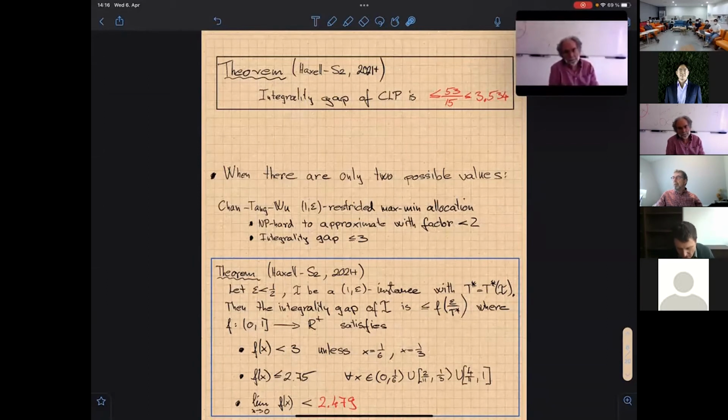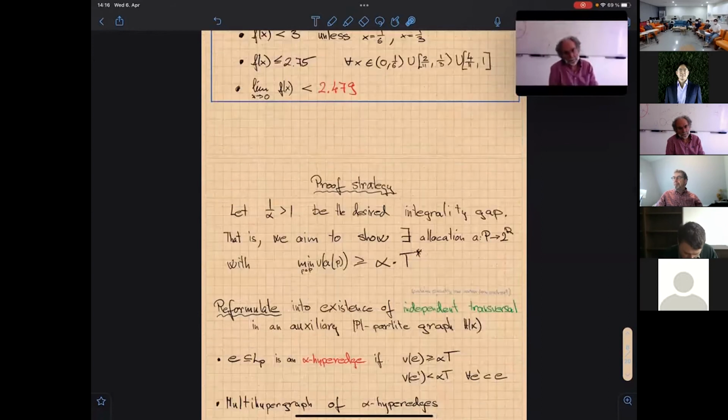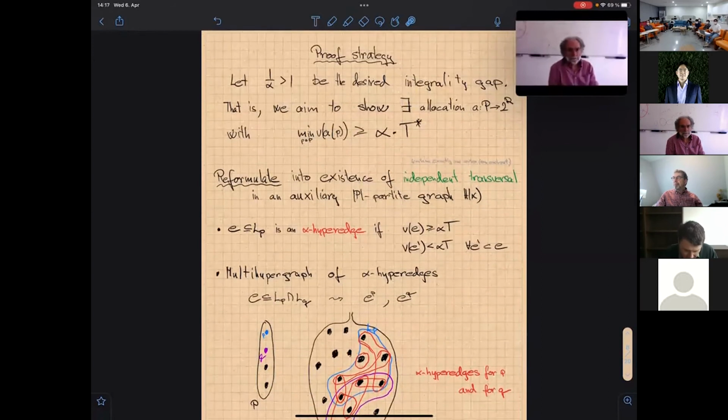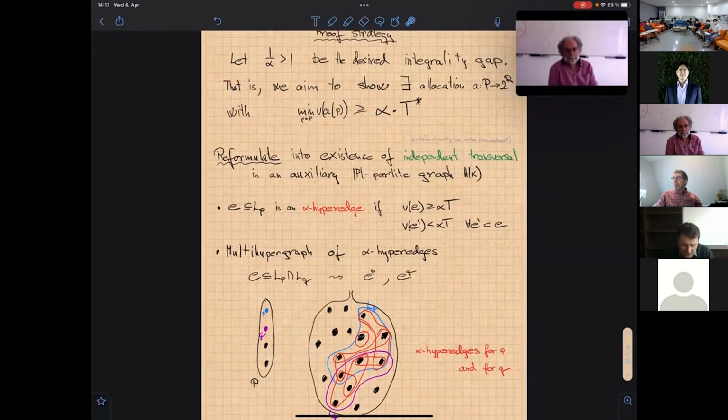Maybe I give you an idea how you do 4, and then I give you an idea what it takes to improve it. And maybe also why we improve it and why it is more difficult with the other technique. So what we will do is we will formulate the problem into a problem of independent transversals in a certain auxiliary p-partite graph.